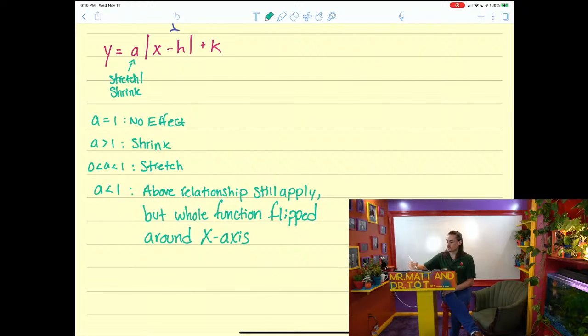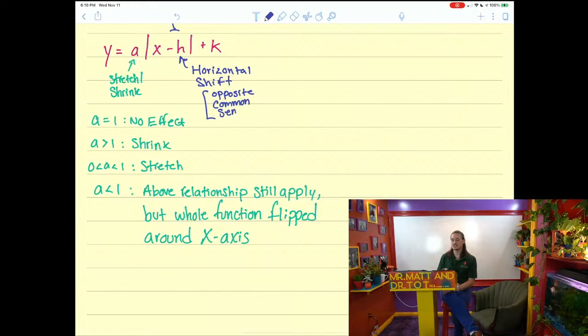This h value, that's your horizontal shift. Remember that your horizontal shift is opposite common sense. What do I mean by that? I mean that there is implicitly a negative sign attached to the h in the standard form of this transformational equation. That means that it's going to negate all values that are inputted that you would normally suspect to act in a certain way.